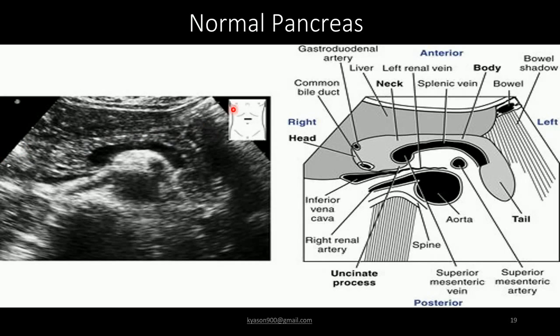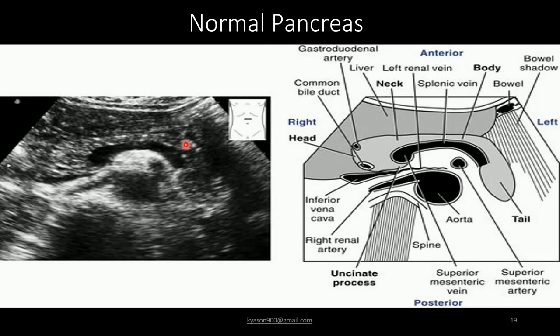This is the left side of the image. This is the anterior aspect. This is the posterior aspect. You're positioning your probe there. So obviously the abdominal wall is going to be the most anterior structural component. Then here we can see the shadows created by the vertebral bones. So our pancreas, you can see the parts. Of course, it's a bit faint, but yeah, you can see the parts.